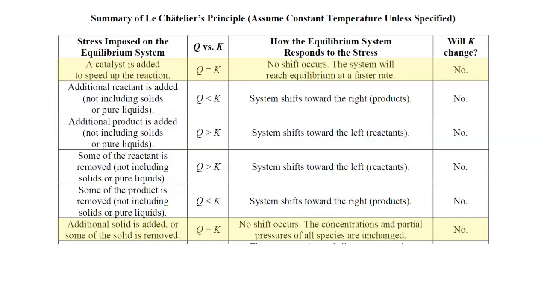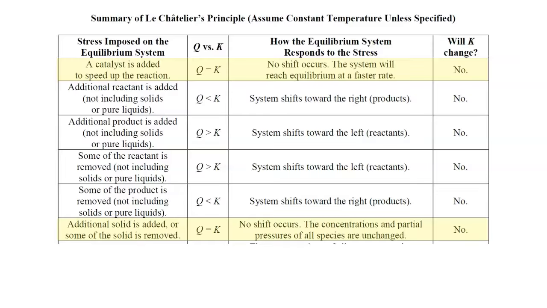The first thing that's highlighted is that a catalyst is added to speed up the reaction. No shift in the equilibrium system will occur, but the system will simply reach equilibrium at a faster rate if a catalyst is added. Also highlighted is what happens when additional solid is added or some of the solid is removed.